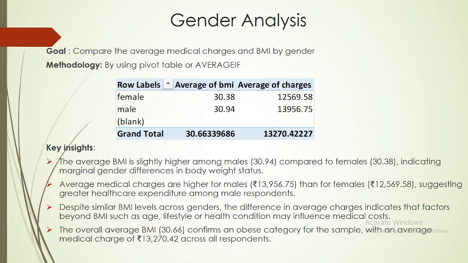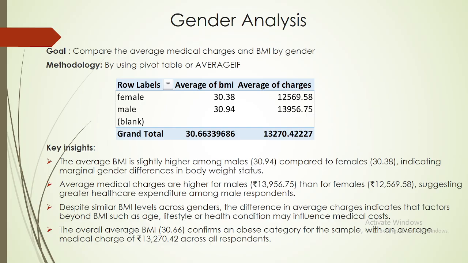So from that we can say the average BMI in case of male is higher than female, and the medical charges are also higher in case of male compared to the female. It means males are going to spend more on health costs than females. That is what we could conclude here.